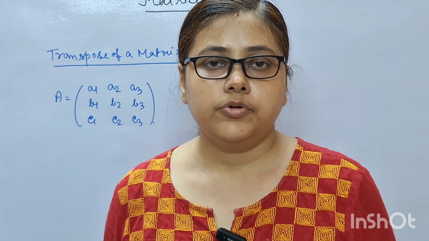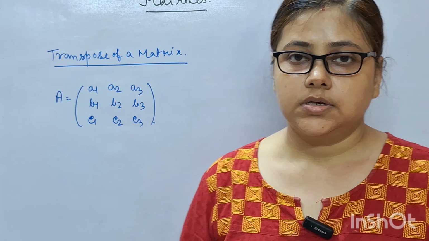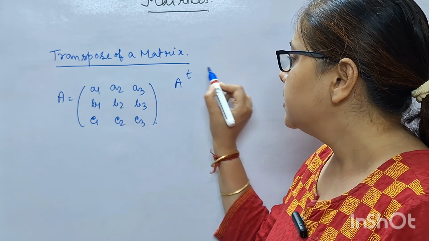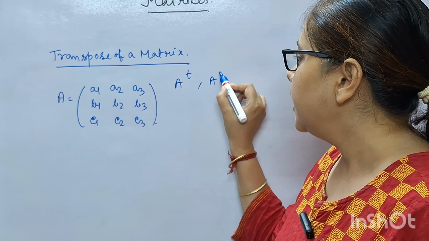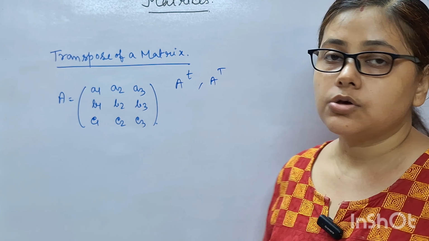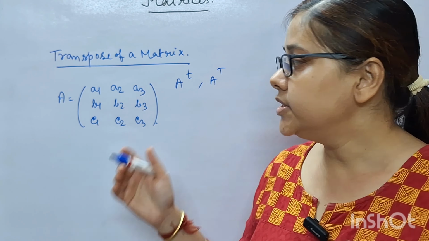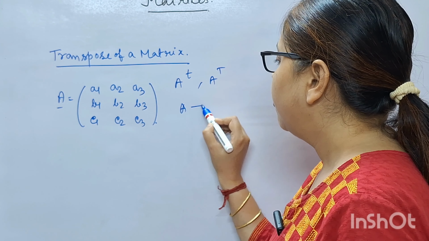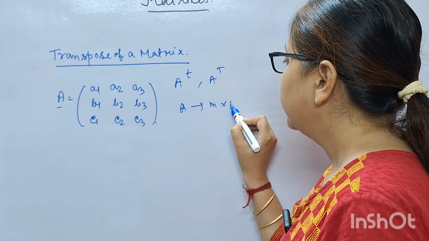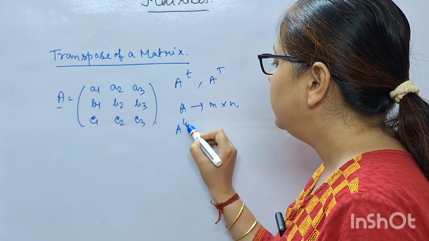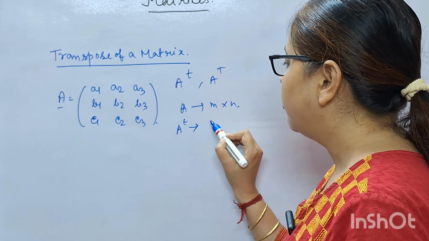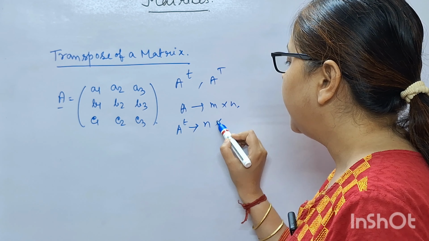Now I am coming to the transpose of a matrix. Suppose A is a matrix, then A transpose is generally denoted by A T or A capital T and is obtained by interchanging the rows and columns of A. So if A is a matrix of order m by n, then A transpose will be a matrix of order n by m.